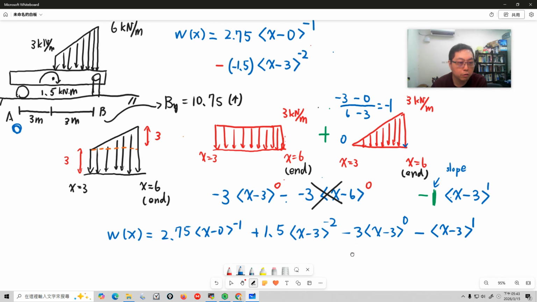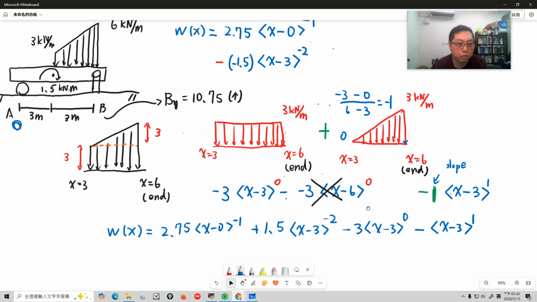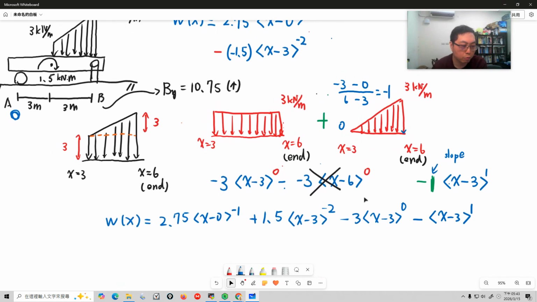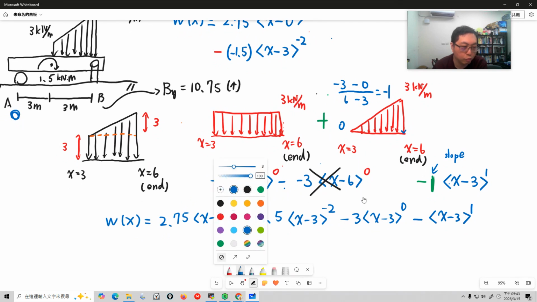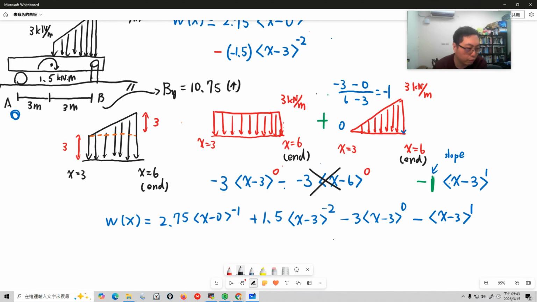Since you have the distributed load function, what's the shear force function? I think it's very easy. Just use the integration rule for the discontinuity function. Don't forget the power is minus 1, so just add 1 to the power: minus 0 becomes 0. This is power minus 2, so add 1 to the power: x minus 3 to the power minus 1.